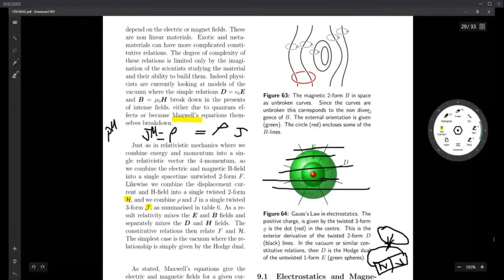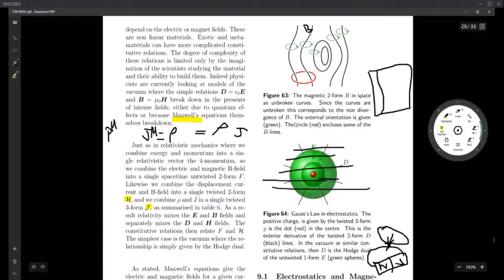And you can do something similar with magnetic fields. If my magnetic two form B, this line is my two form B, are unbroken curves, which basically means they extend. They're non-compact, to say that this is the manifold in which B lies. B is going from one end to the other end of a manifold. There's no boundary to it.